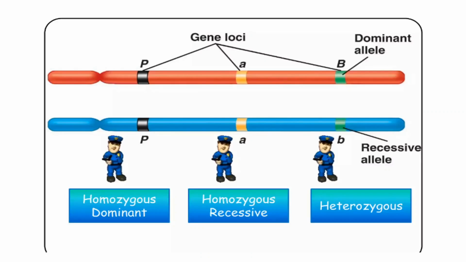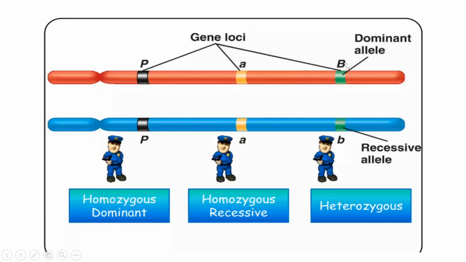As we have already seen in our previous class, suppose this is the homologous chromosome, and you have one gene present on a particular locus, which describes a particular characteristic. It can be a dominant or recessive trait.